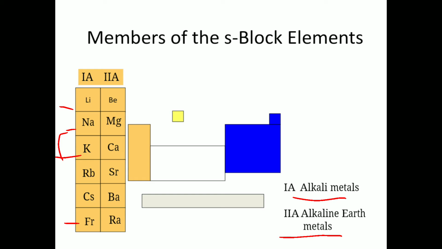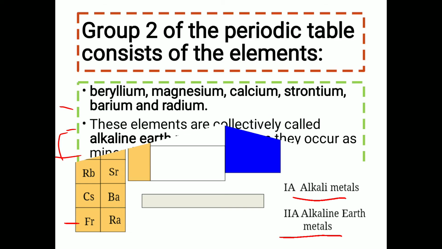And group 2 has magnesium, calcium, strontium, barium and radium. Out of these, magnesium and calcium are found in high amounts, but radium cannot be found in more amount in nature.